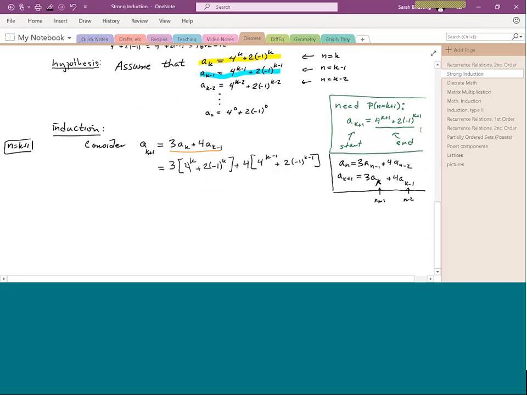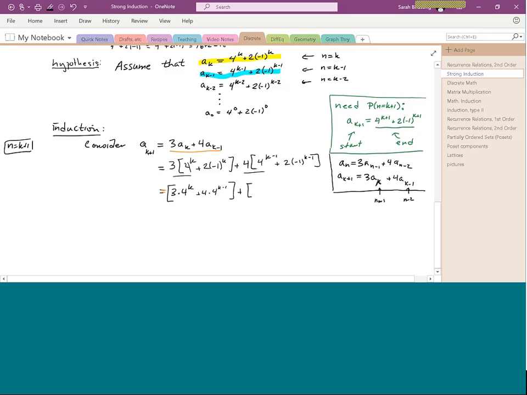So let's do it. So here's what we've got. I'm just going to go ahead and grab the powers of 4s first. So we've got 3 times 4 raised to the kth power. And we've got another power of 4, so this is plus 4 times 4 to the k minus first power. So those 2 are now grouped together.